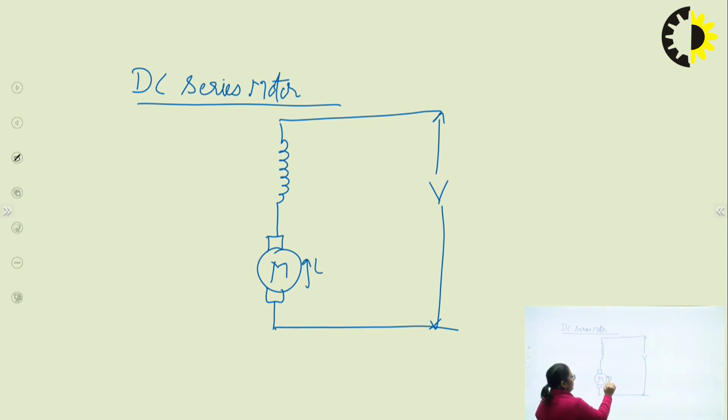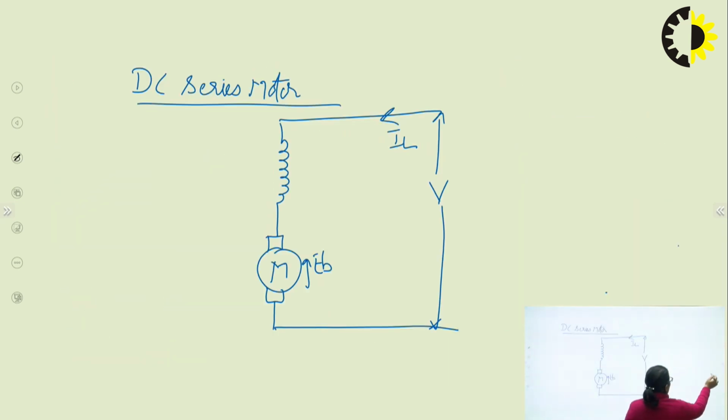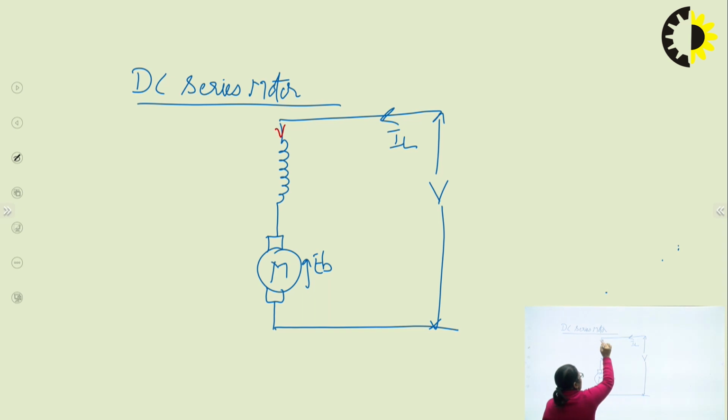So, I have the back EMF, then this is the line current. Then the field current, I am naming it ISC, the series field current. The resistance is RSC, the armature current IA, and the armature resistance RA.